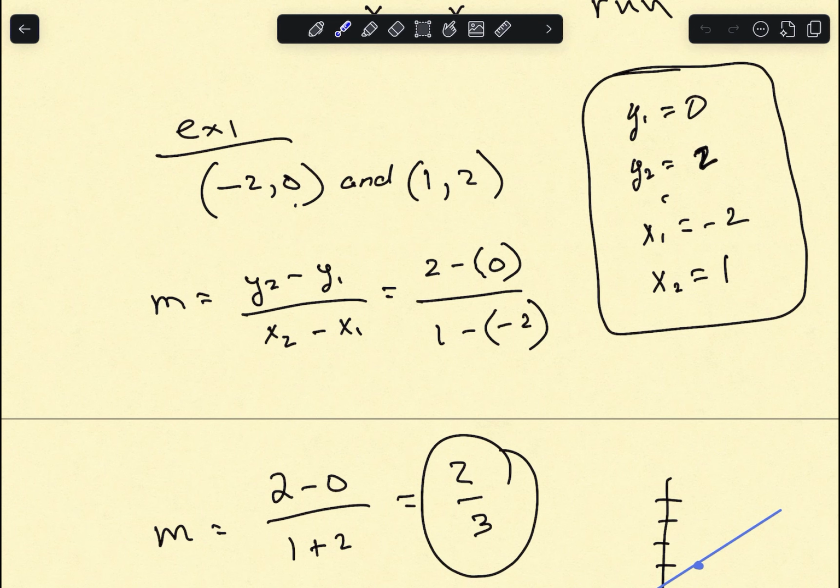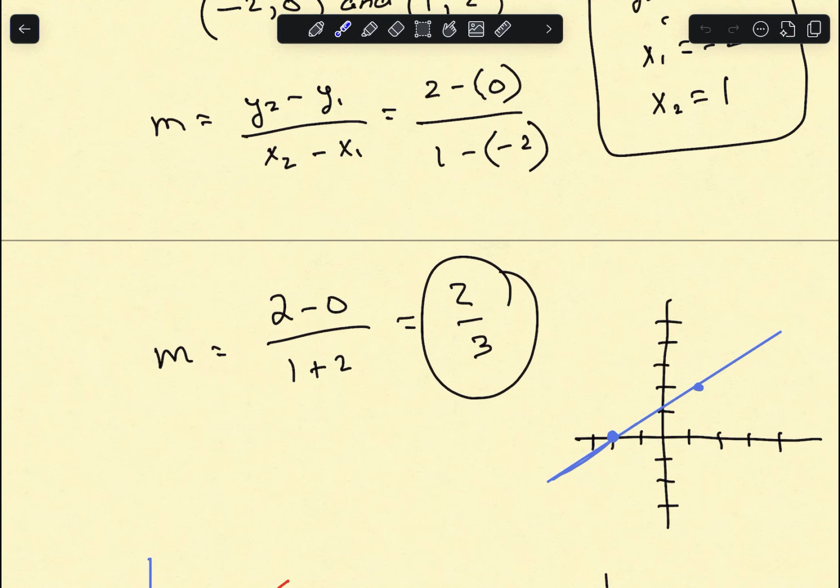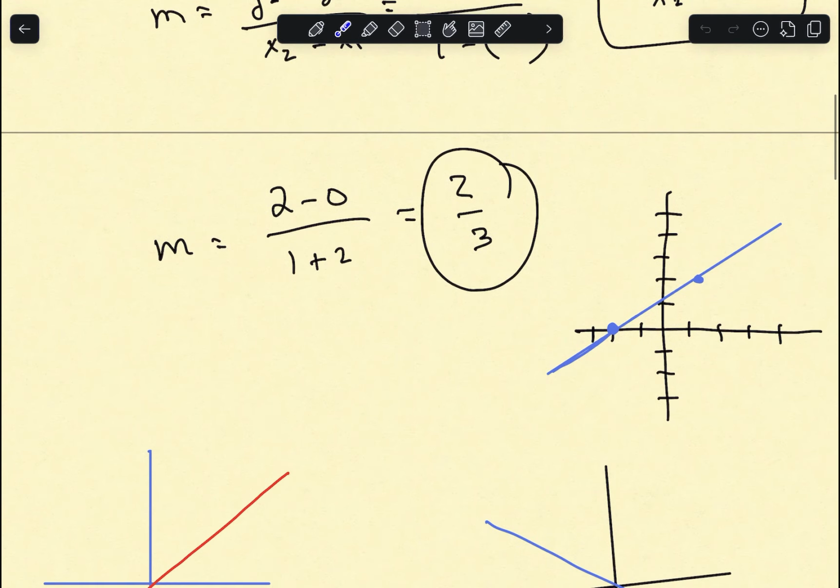What's going to happen is, you notice I have a negative and another negative, so that becomes a positive. So if you come down here, it's 2 minus 0 over 1 plus 2, because that turned into a plus 2 because of this right here. And it becomes 2 over 3. And that's your slope, 2 over 3.